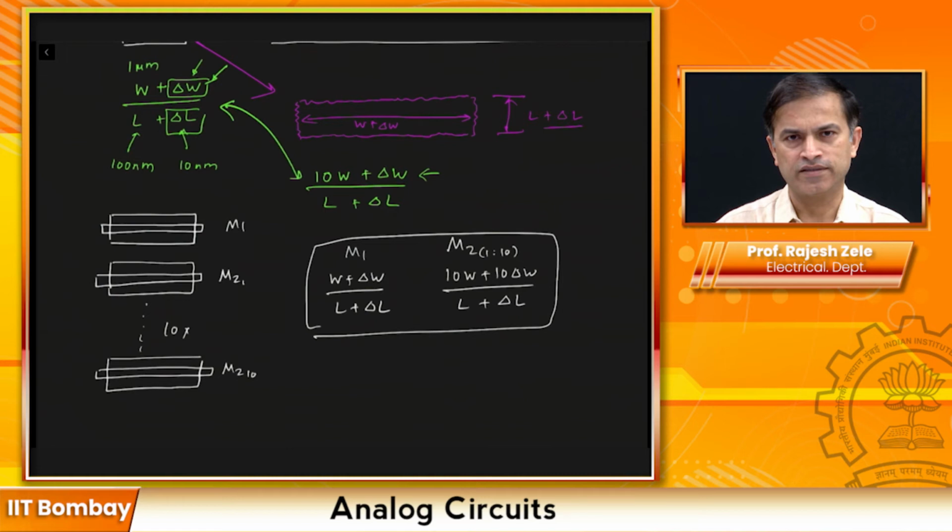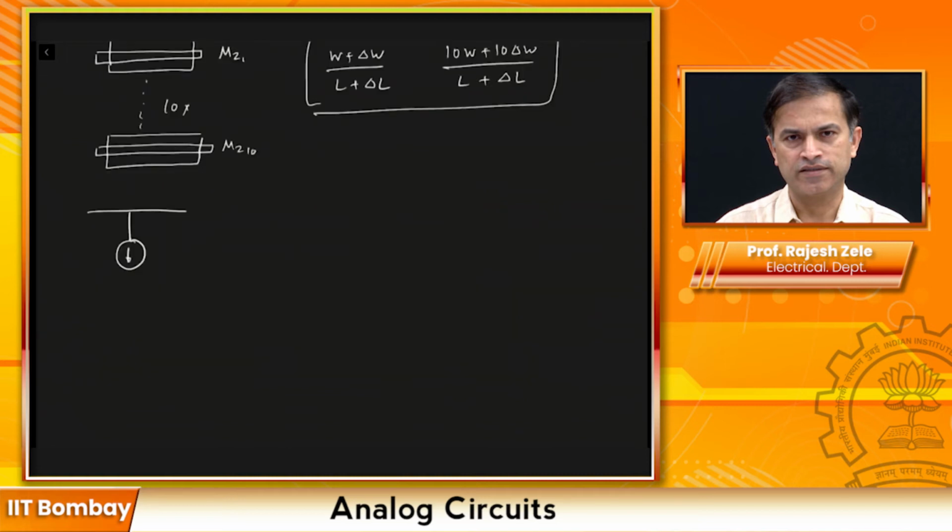So when you desire to get a certain ratio, let's take another example. Let's say I have a reference current of 20 microamps, and this is our VDD, and this example will make it a lot clearer. Let's say I would like to replicate it by a factor of 3, and this is what it would look like. This is my M1 and this is my M2.